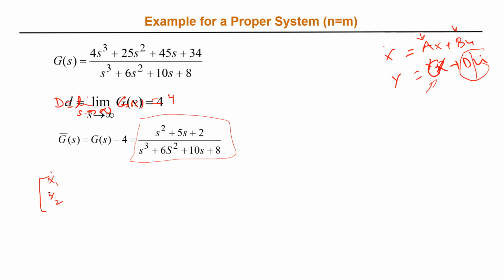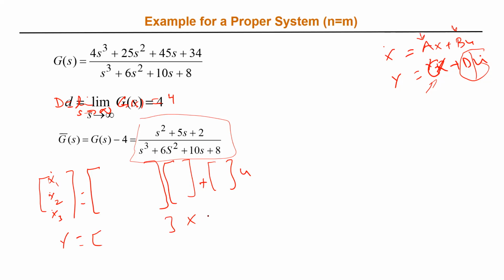Exactly, and you can memorize it. The denominator coefficients are -8, -10, -6, and y equals x plus 4u.